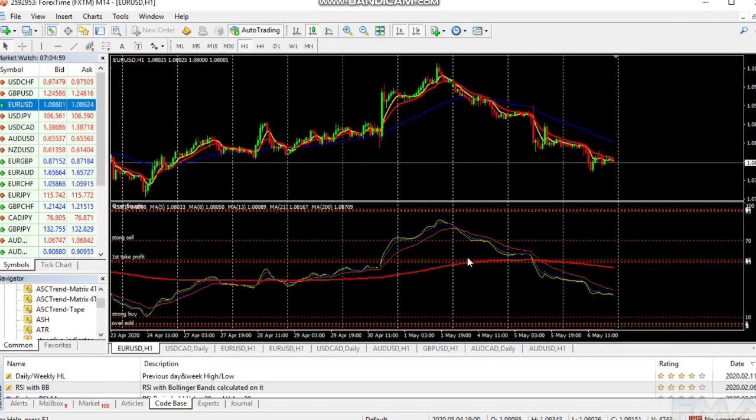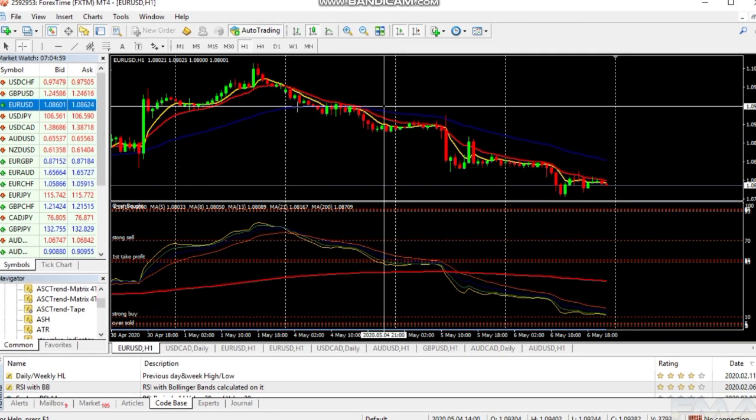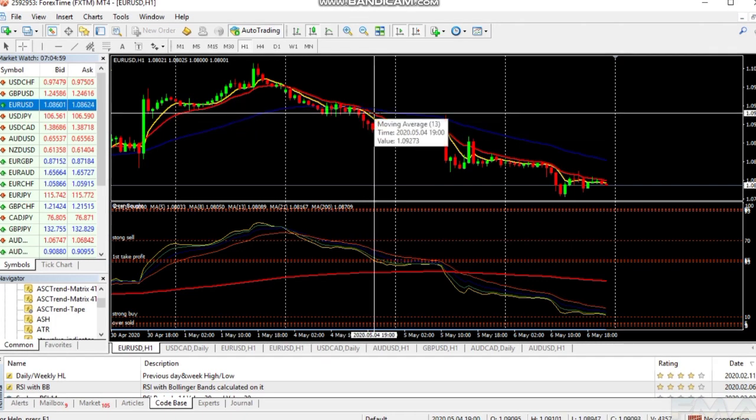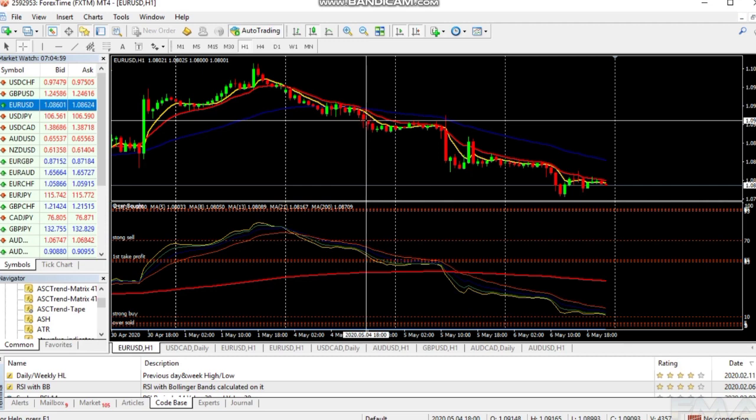So when do I enter a trade? You can see these two lines here. The yellow is closer to the price than the red. I only enter a sell once I see the red is below the 50 moving average, meaning the 13 moving average has crossed the 50 moving average. So I would have entered at this point.